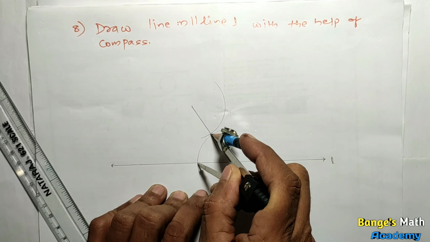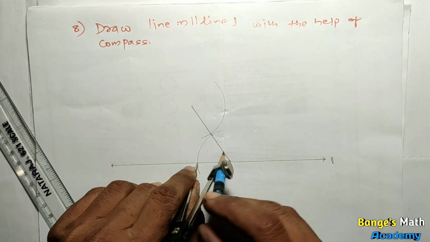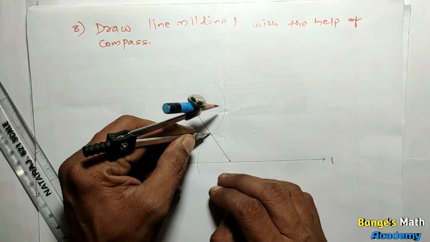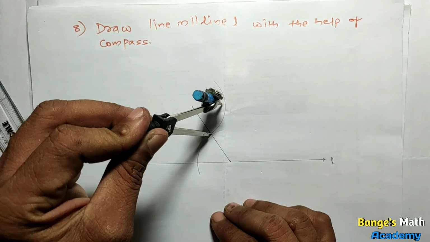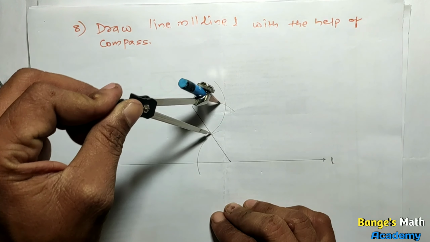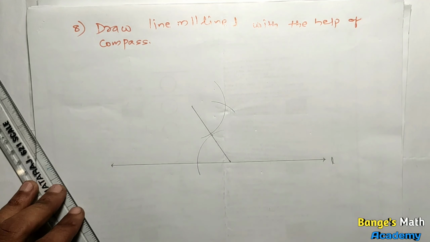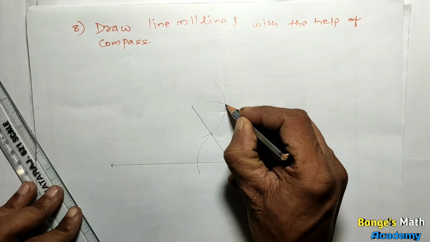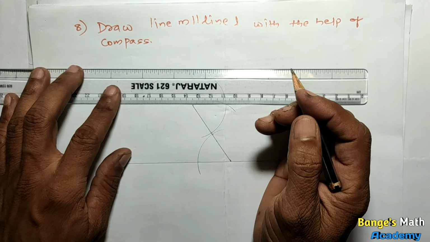Keeping the distance same, put still point on this point and draw an intersecting arc to the previous arc. Then join this point of intersection and this point with the help of ruler.